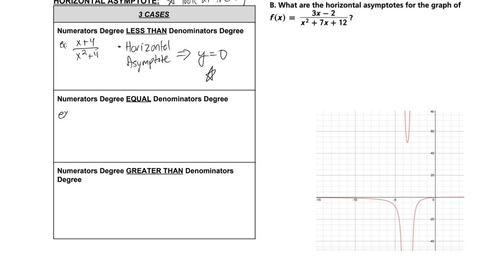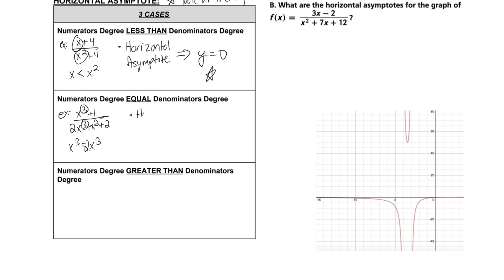Now, what if the degrees are equal? So example, like x cubed plus 1 over x cubed plus x squared plus 2, right? The degrees, so for the first one, we know x is less than x squared. This one, x cubed is equal to x cubed, right? So if they are equal, the horizontal asymptote is the ratio of the leading coefficients. So say we make this 2x cubed, okay?